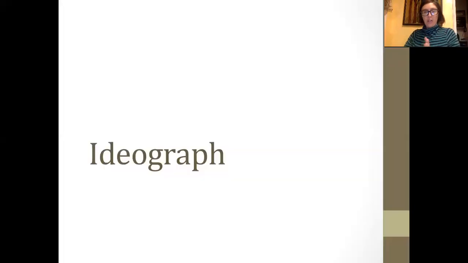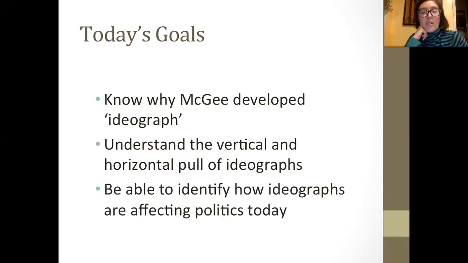Okay, all right, so as you all know, today we're going to be talking about ideographs. You can also call them ideographs, but either way works. What I want to make sure that we identify is why McGee developed ideograph. We'll obviously talk about the definition of the term, which is something all of you had to answer on your reading comprehension questions.